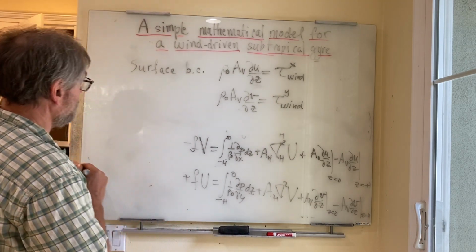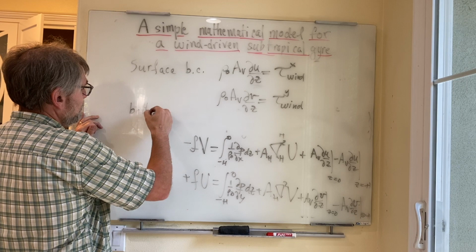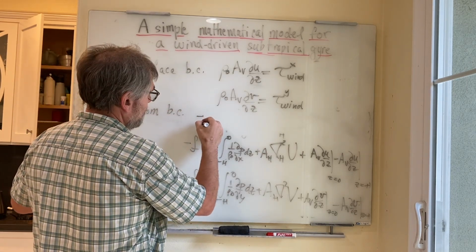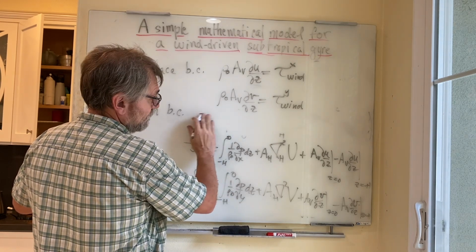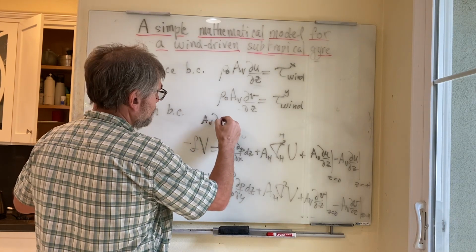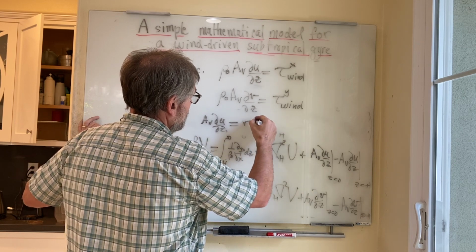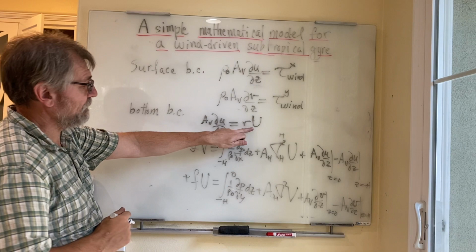So at the bottom, for the bottom boundary condition, we're going to assume that minus Av du dz is equal to r times U. So just proportional to the depth integrated current.